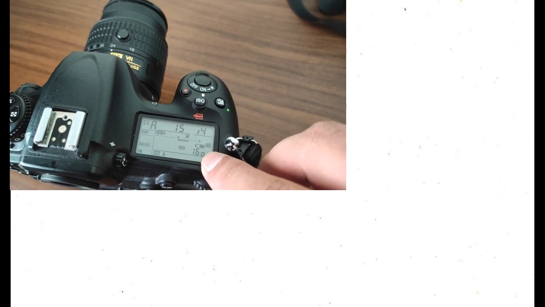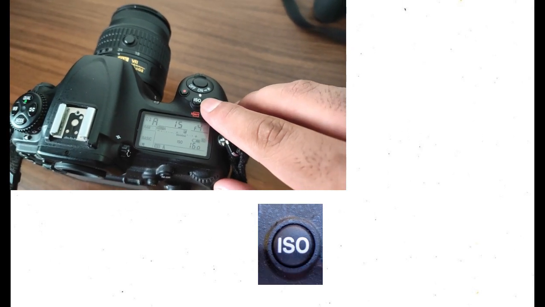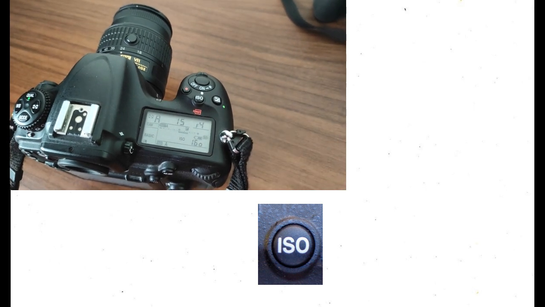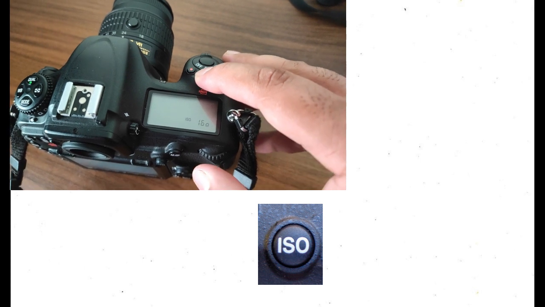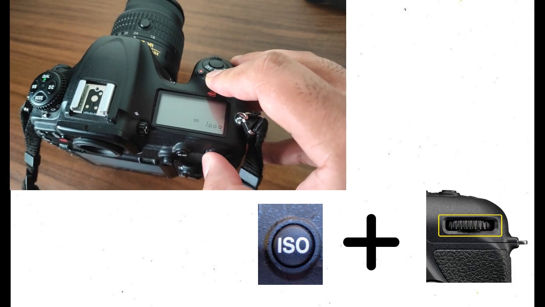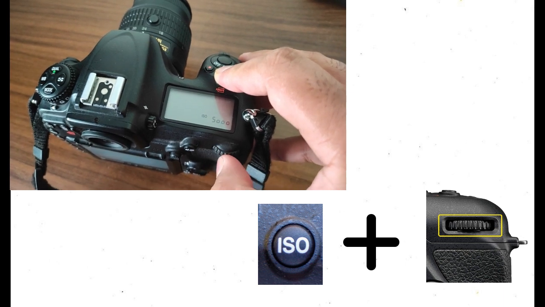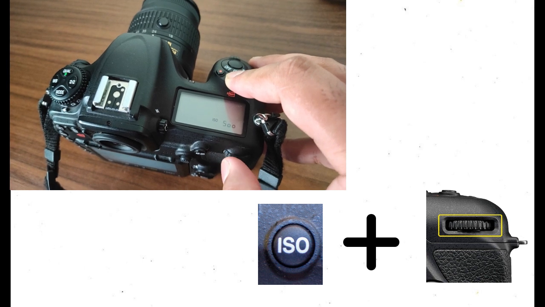So 160 is the set ISO now, and I have a dedicated ISO button. In order to change the ISO, I need to press this button and rotate this dial. If I rotate the dial while pressing the ISO button, my ISO gets changed. Isn't it simple?